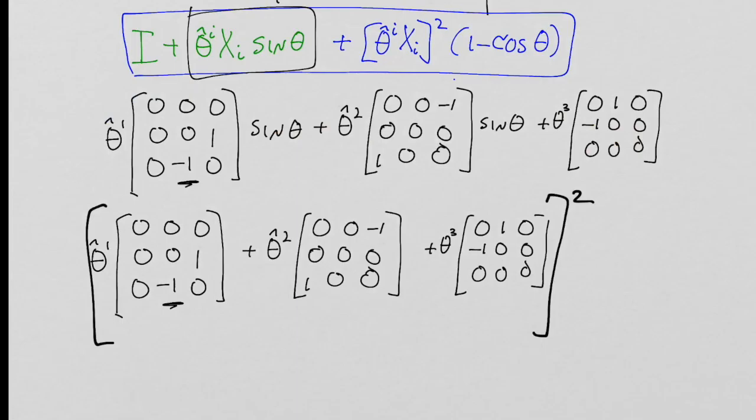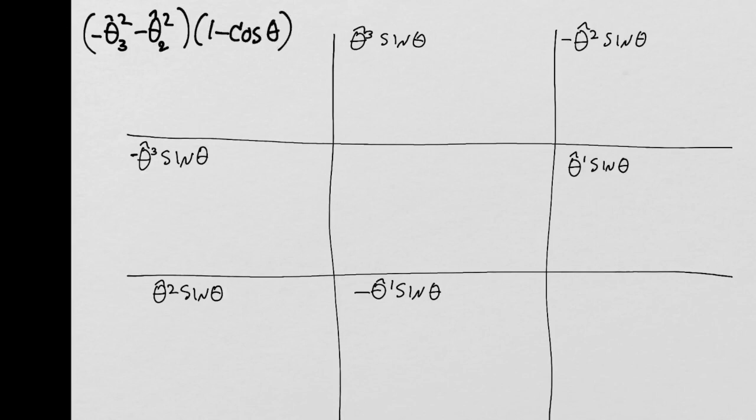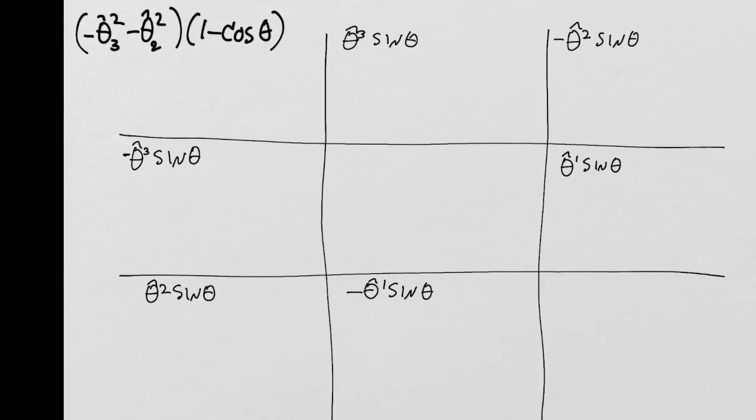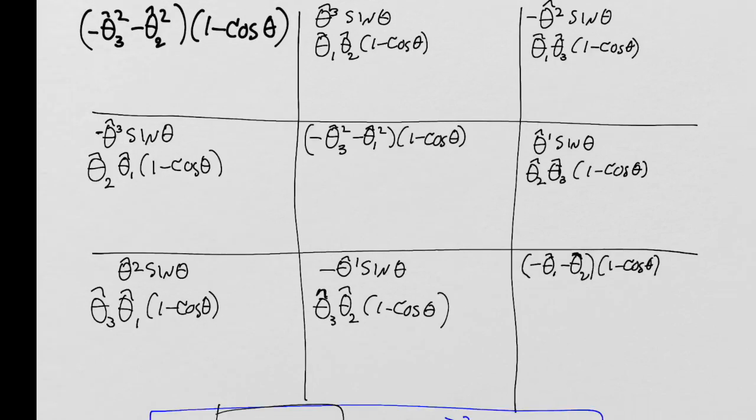So I go here, and I would write minus theta 3 hat squared minus theta 2 hat squared times 1 minus cosine theta, like that. And now I can fill in this whole thing with the cosine theta part. Okay, and if I didn't rush it too fast, I should have gotten it all in there.